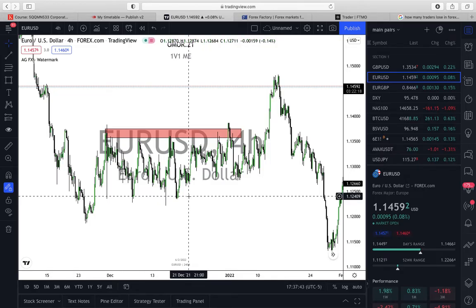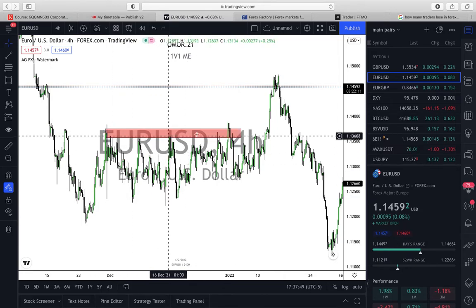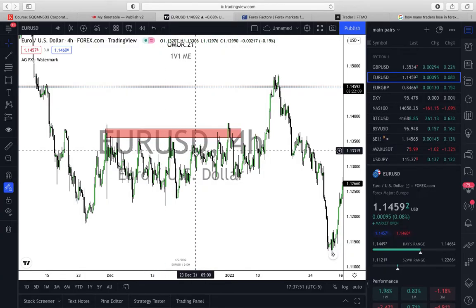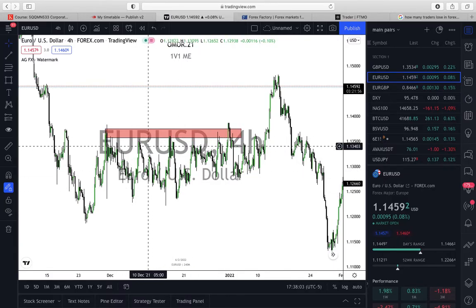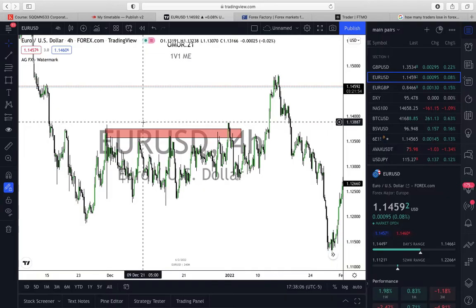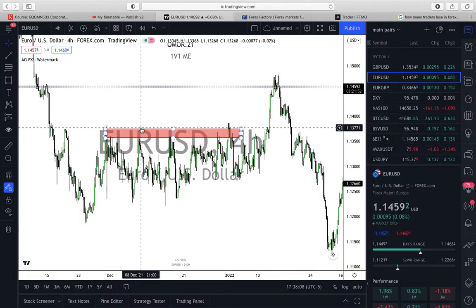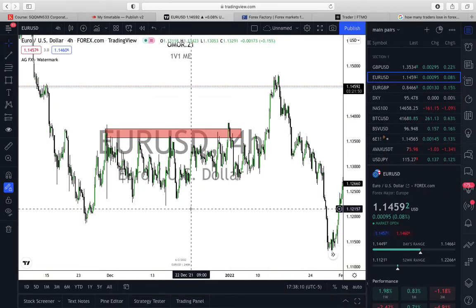The job of a consolidation is to create sentiment in the market. When you see this, automatically there's confusion. Is it going up or is it going down? And that is what the market maker wants. That's what the large institutions want. Create uncertainty. Because what that does is there will be sellers above and buyers below.